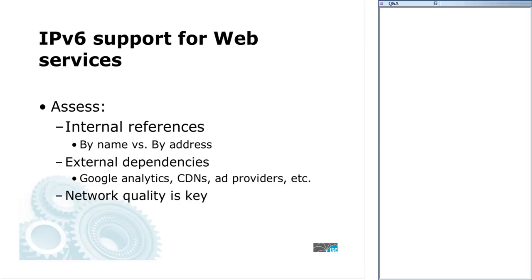Additionally, we need to consider your external dependencies. Are your queries being tabulated by an organization, for example, like Google Analytics? Is Google Analytics going to be able to deal with an IPv6 address as the incoming IP address of the client? Your content delivery network, is it IPv6 capable?